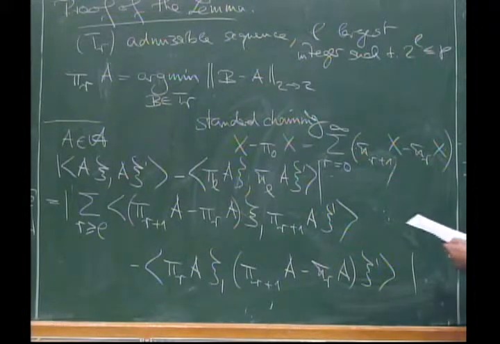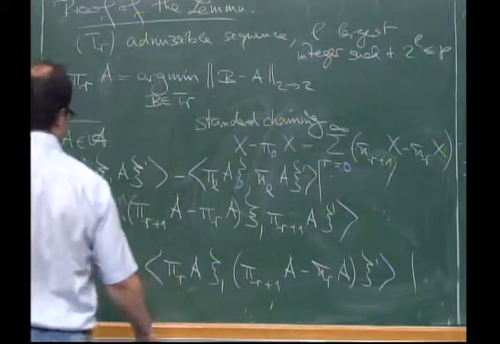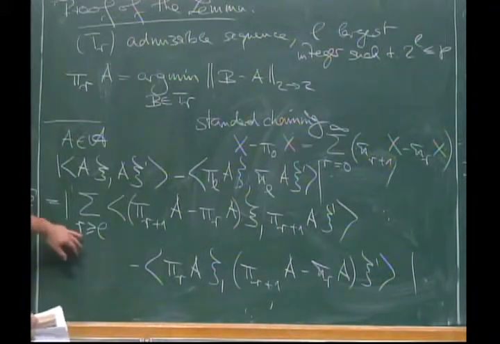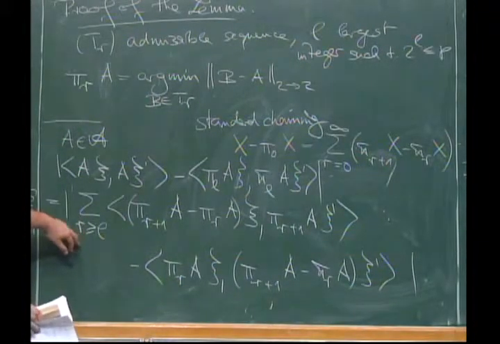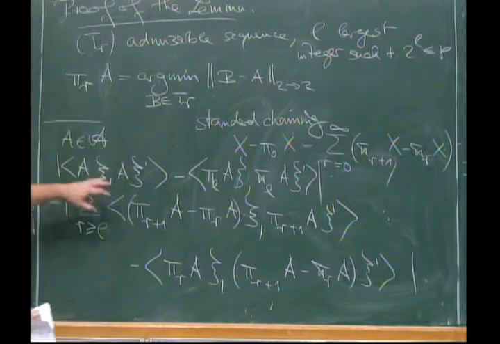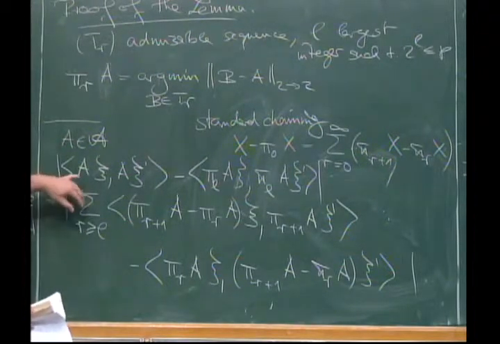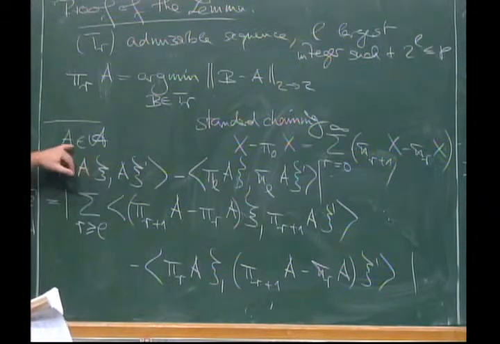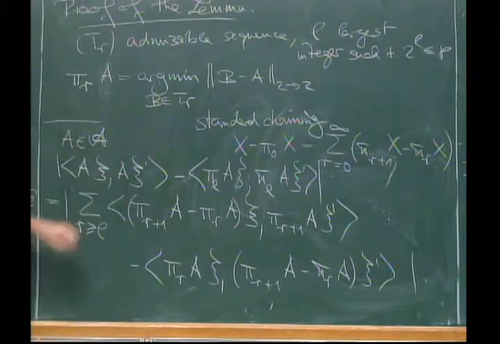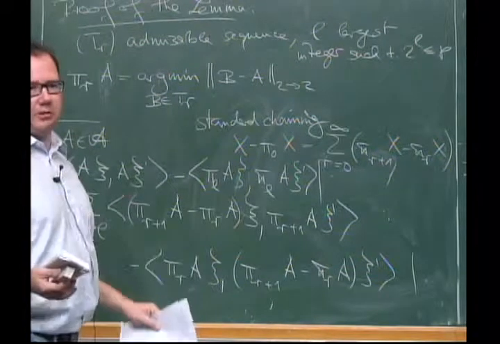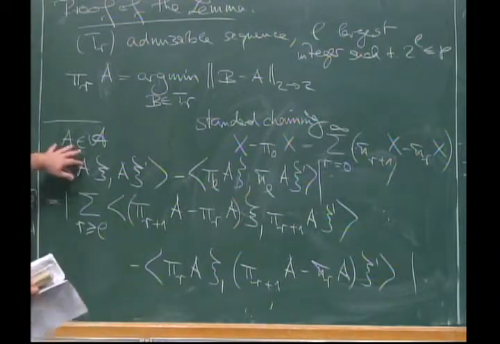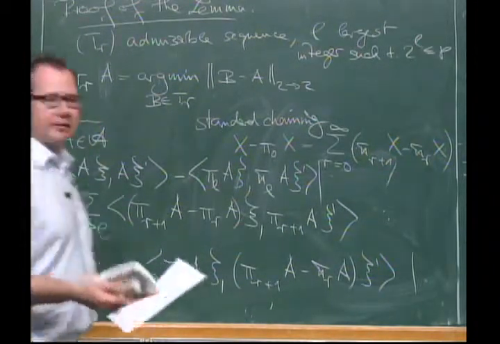Okay, and I'm sloppy at one part because you would need to argue that if you go with r equals infinity, you can approximate A as well as you want. One thing you can do is just assume that this is a finite set of matrices. This would be sufficient, and then you take the supremum over all finite subsets of this, and then you still get the same bound.